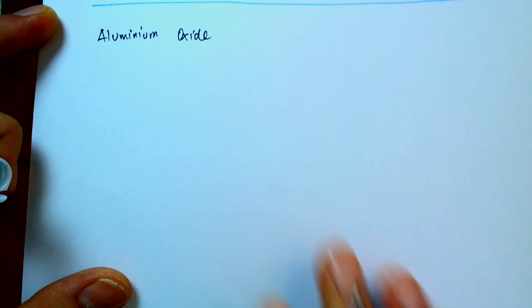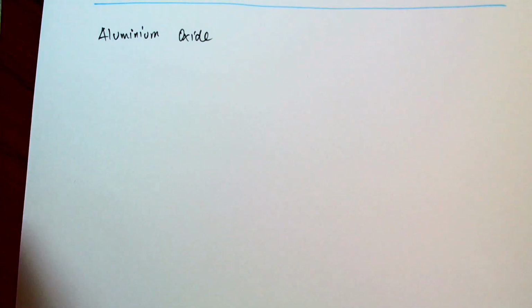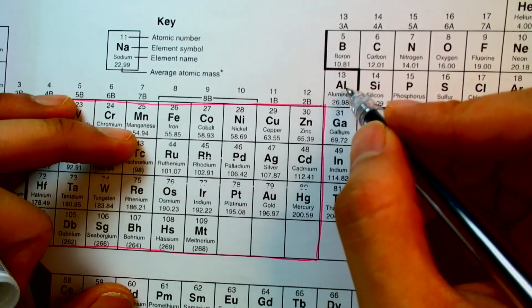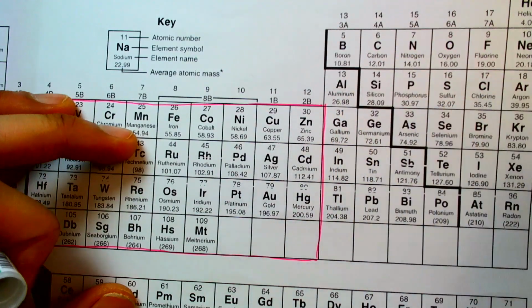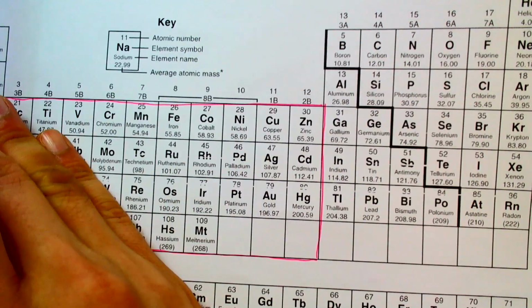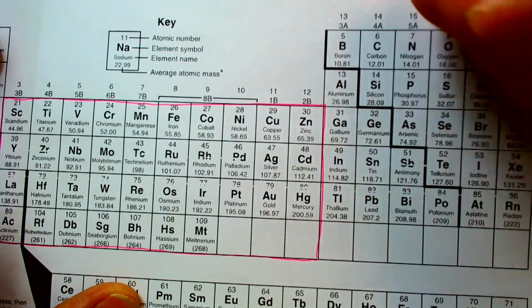So let's take a look at the next example. Let's choose aluminum oxide this time. If I look at a periodic table, I find that aluminum is indeed a metal. It's just right below the staircase. Remember, everything below the staircase is metal, and anything above the staircase is non-metal.